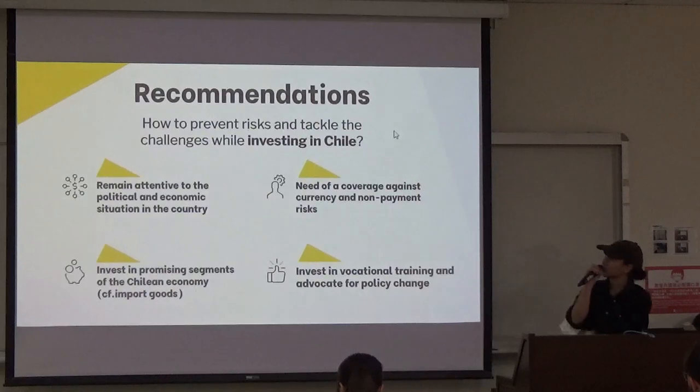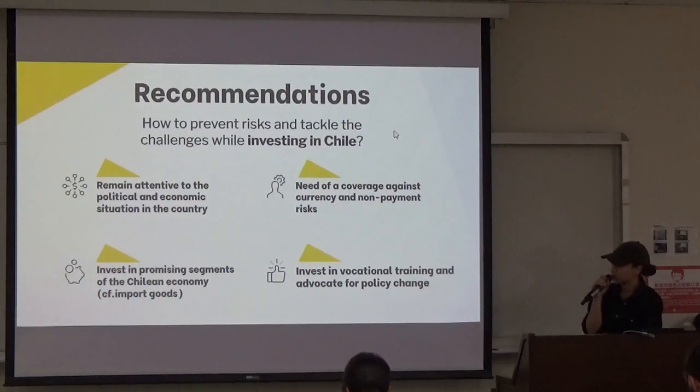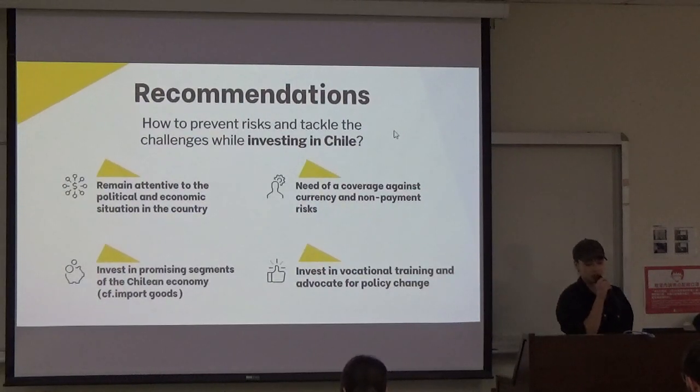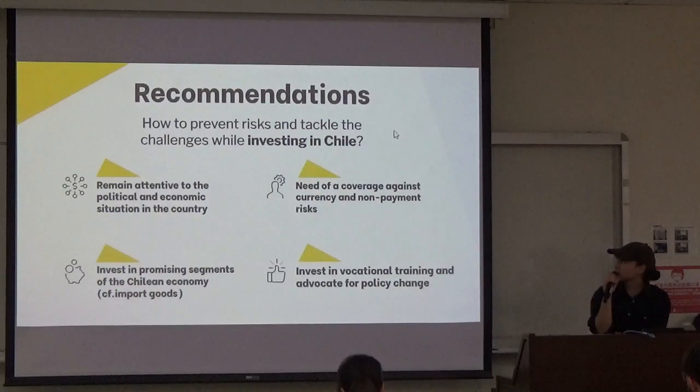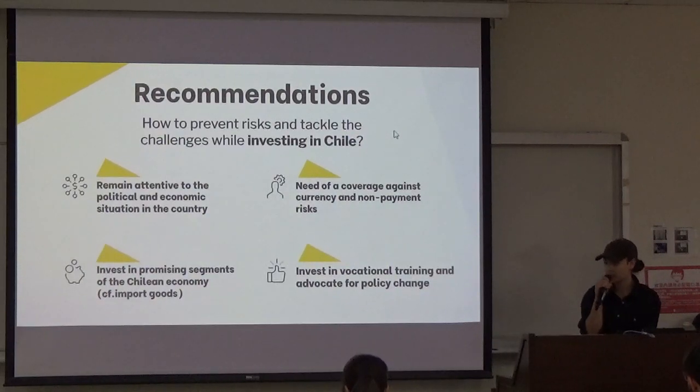So here are some recommendations to tackle different risks and challenges while investing in Chile. First one, of course, remain attentive to the political and economic situation in the country, which is quite normal. Secondly, maybe try to get coverage against currency and non-payment risks by investing in a refuge currency like US dollars.